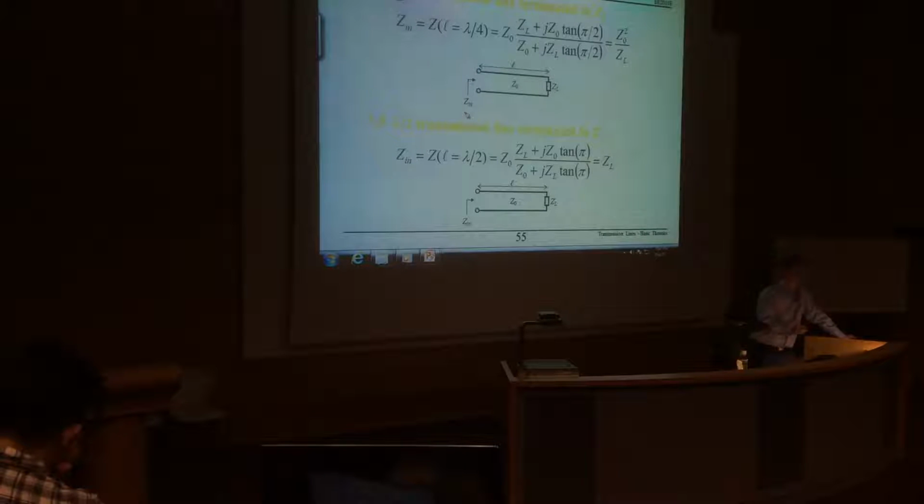What is the input impedance? Then if we look at this, k is 2 pi over lambda, right? Then times lambda over 4. This is the k times l, right? As mentioned before, this is the electrical length. Now what is the electrical length of this? It's pi over 2, right?